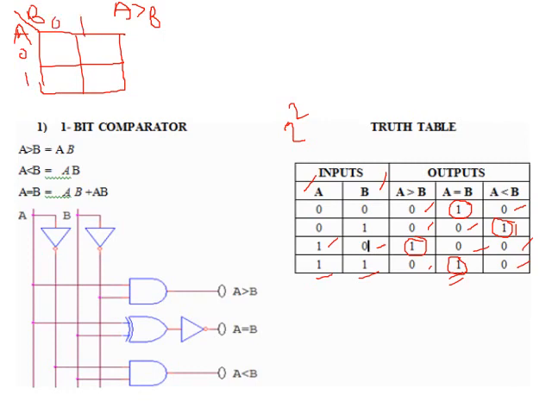Now you write down the outputs 0 0 1 0. We can verify the output is 1 when A is 1 and B is 0. So this is the 1, right? And now we have to group it simply. So if I group it, we will get the equation of A greater than B. That equation will be A into B bar. Correct? A into B bar.